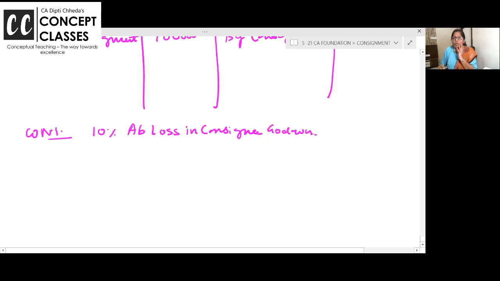Write down, all of you. It's a very easy problem. The language has been twisted around a bit. 10% is abnormal loss in consignee's godown.